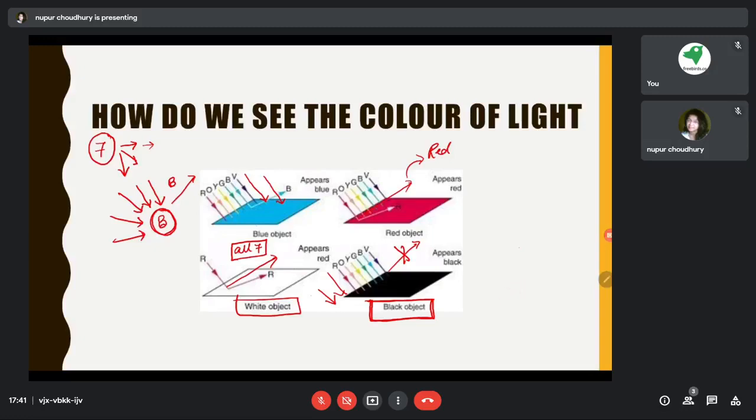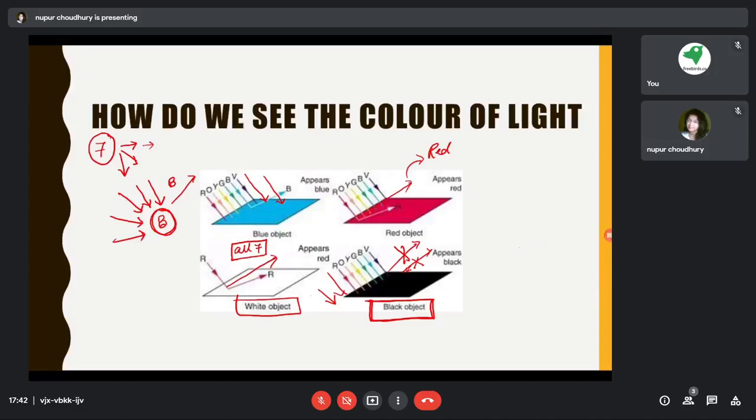That is why in summers, if we wear black clothes, we tend to feel more warm, because all the wavelengths of light are absorbed by the black color, and since light has energy, that energy is converted into heat energy and the temperature rises. It does not get reflected at all, and all the colors are absorbed within that particular surface.